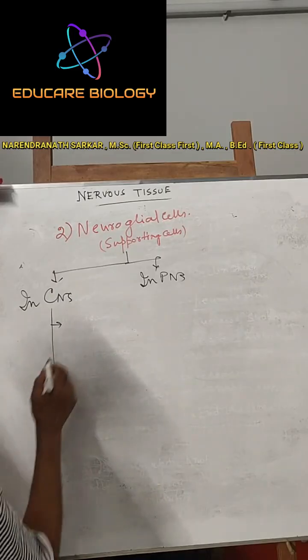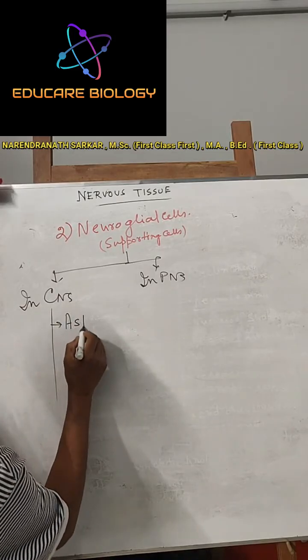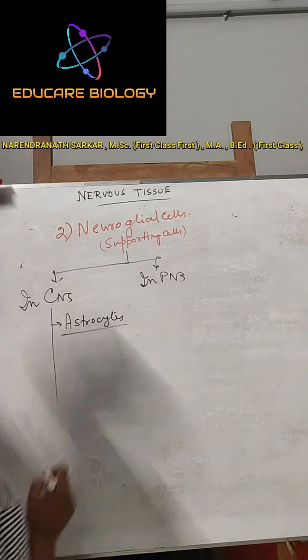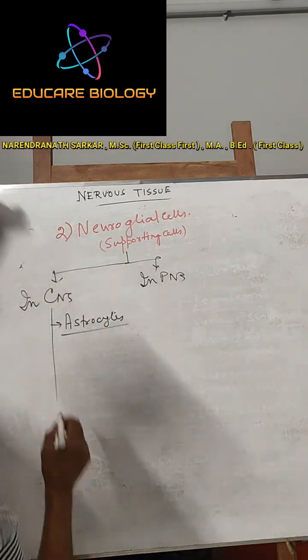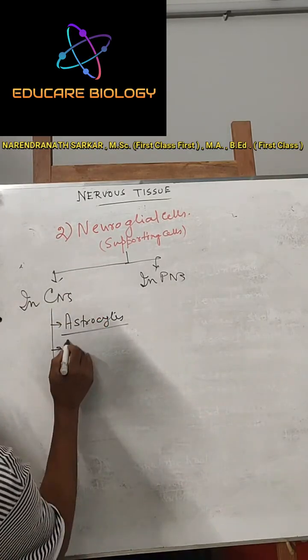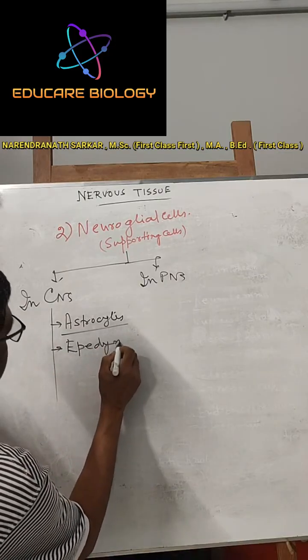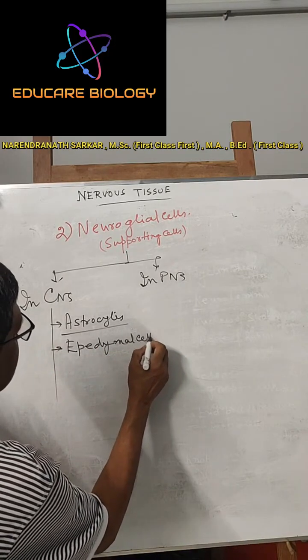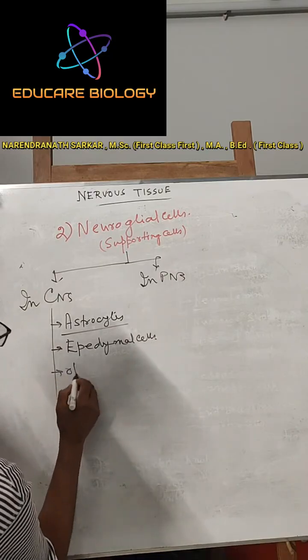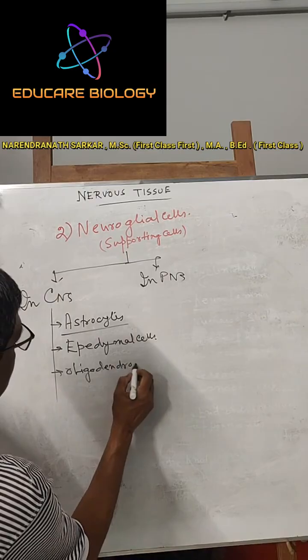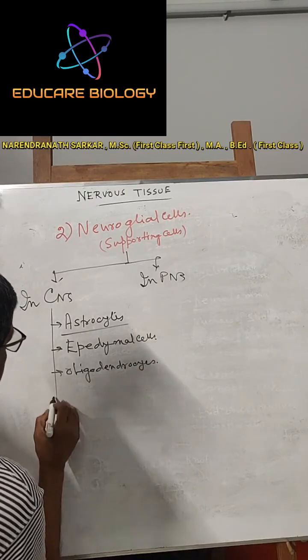In the central nervous system, there are present astrocytes, which are star shaped. Number 2, ependymal cells. Number 3, oligodendrocytes.